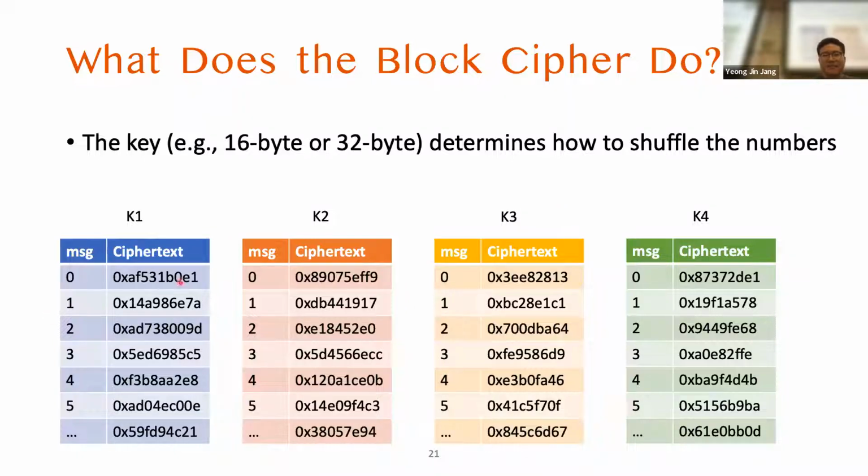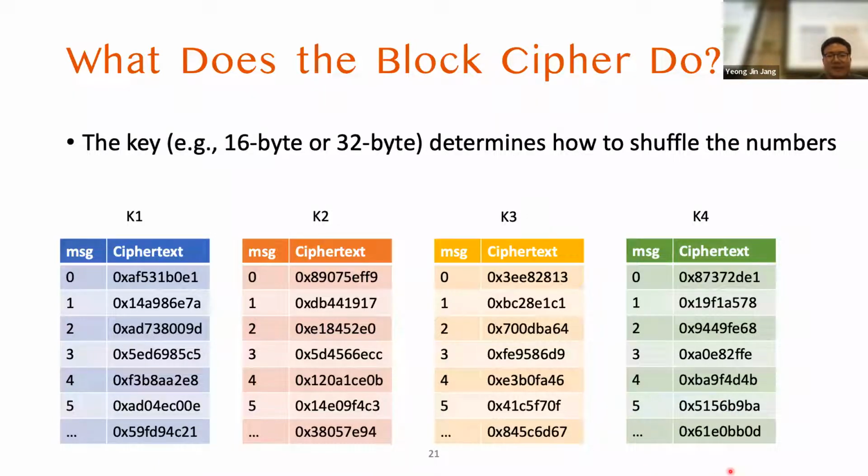Suppose we have 4 different keys, key 1, 2, 3, and 4, then we will have a totally different sequence coming from the block cipher algorithm, if it is well designed. So even if the messages are aligned sequentially, the ciphertext does not look sequential at all, and it would look like a totally random number.